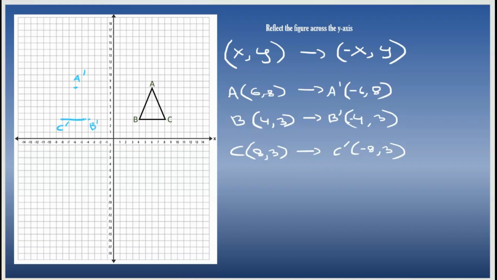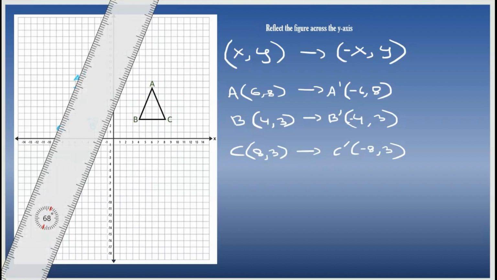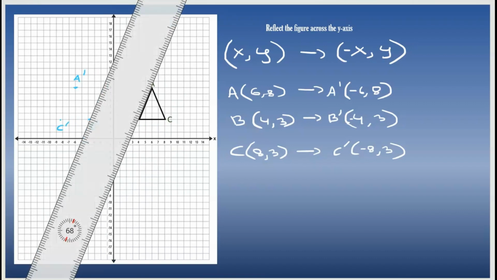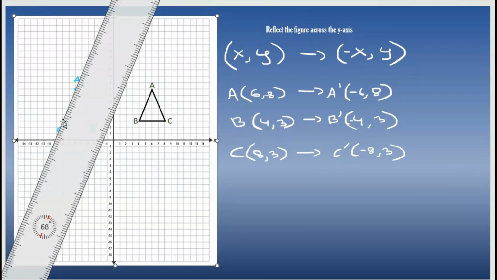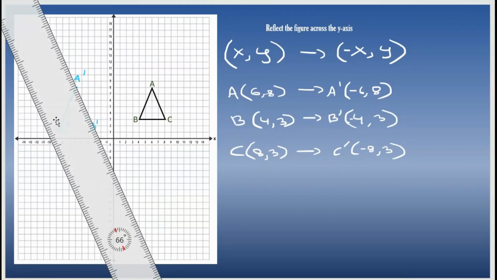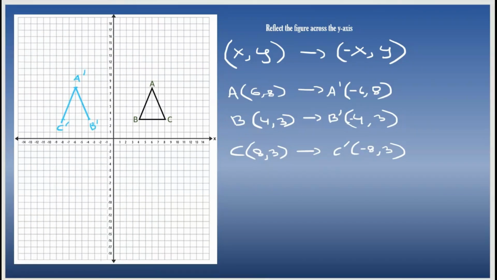I'm going to do my best, and I'm just going to freehand this. Let me try that again. I'm just using the board. So that's what it turns out like.